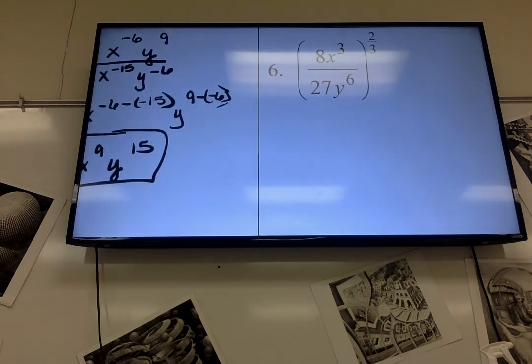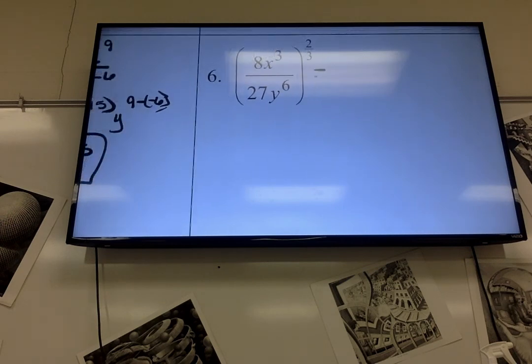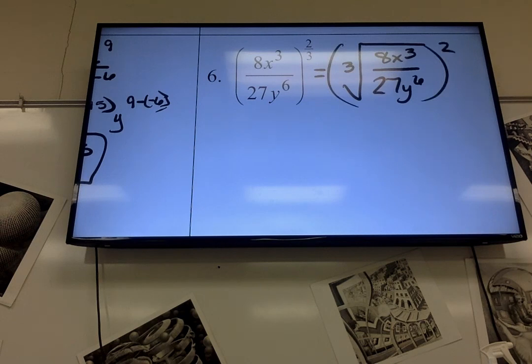Okay. So if I raise it to the 2/3, what does that mean? What kind of root? It's a root. It's a cubed root of 8x cubed over 27y to the 6th, squared.